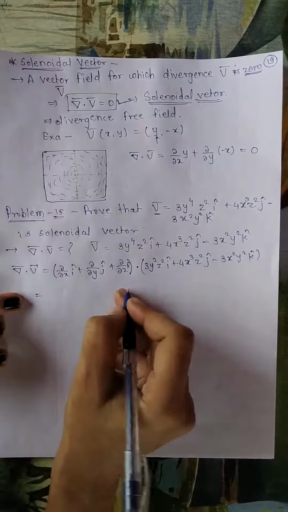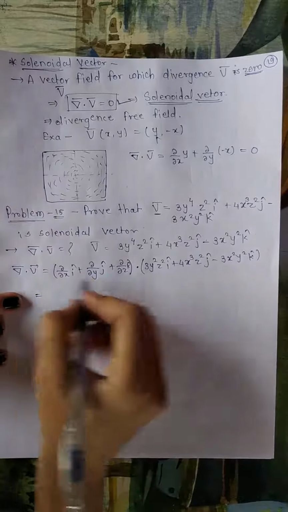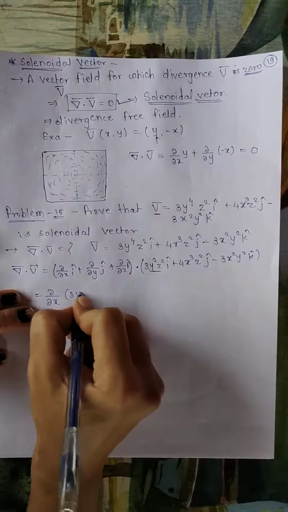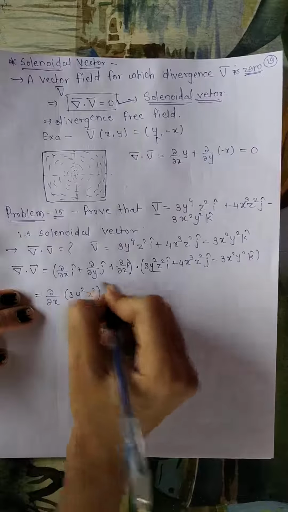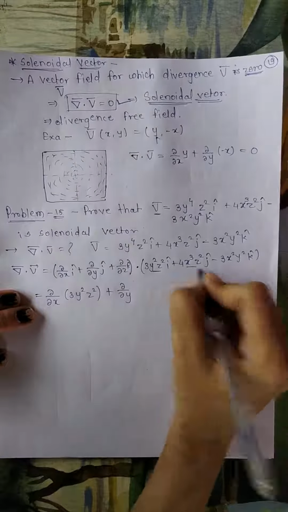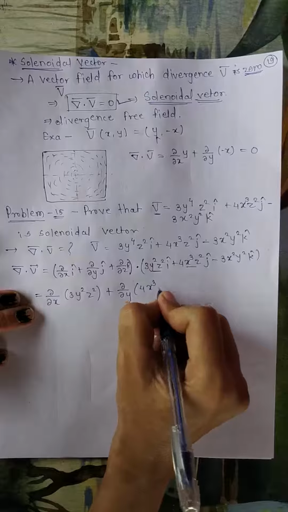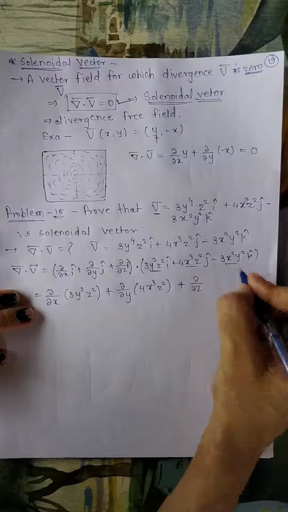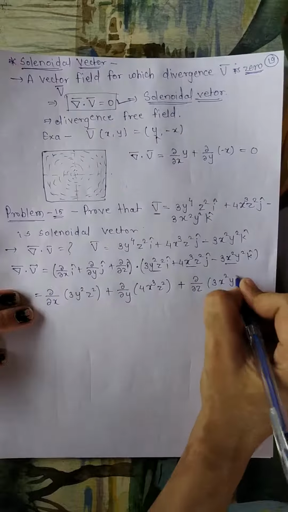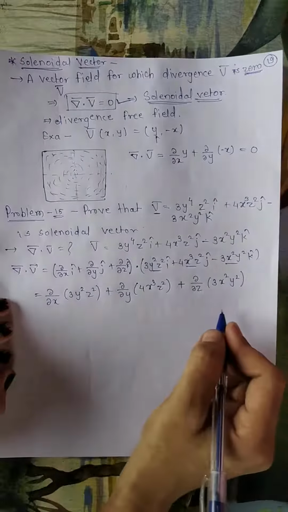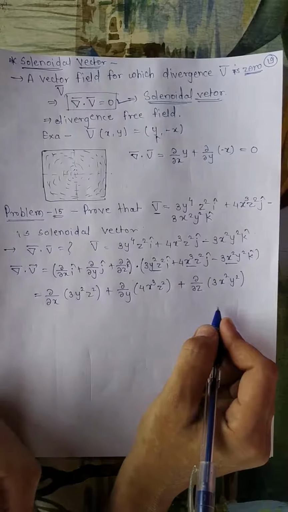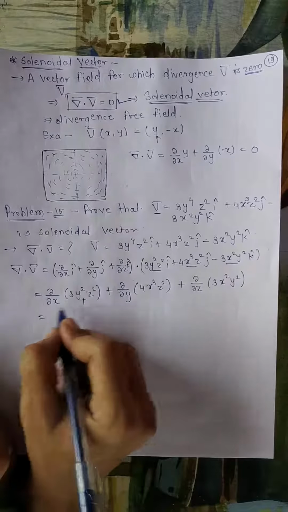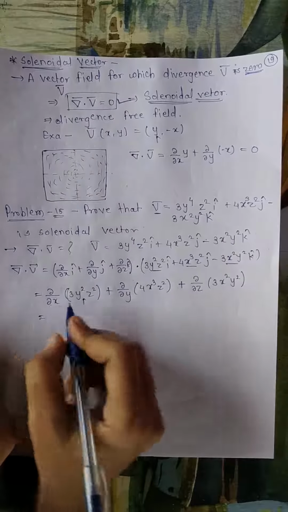Now to find the dot product, as we have already discussed, it will be dou by dou x of the first term, 3y square z square, plus dou by dou y of the second term, 4x cube z square, and dou by dou z of the third term, 3x square y square. Let's calculate these derivatives. In the first there is no x, so the derivative with respect to x is 0.